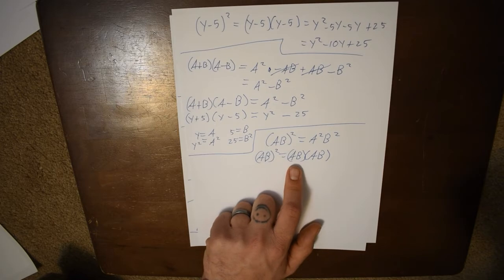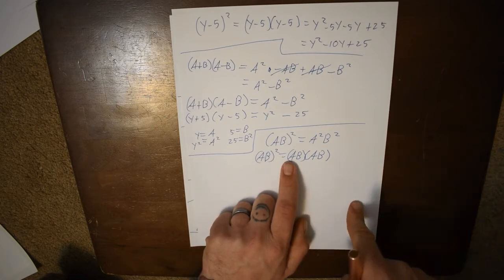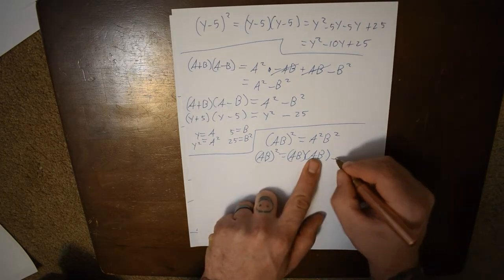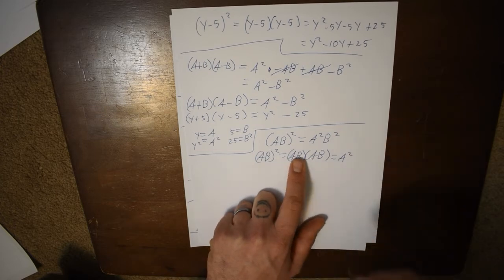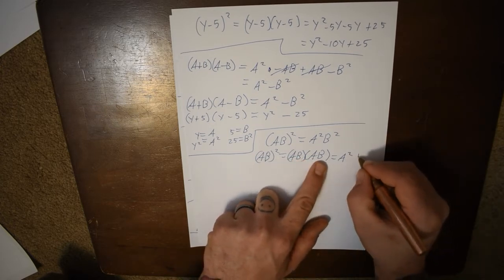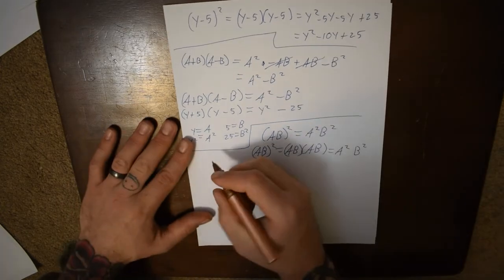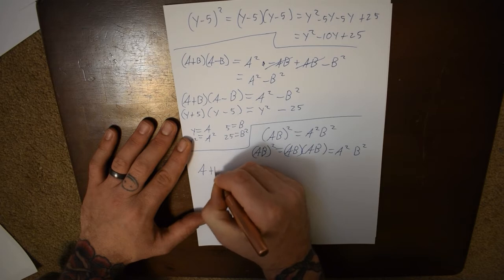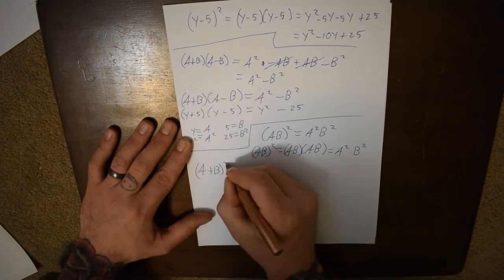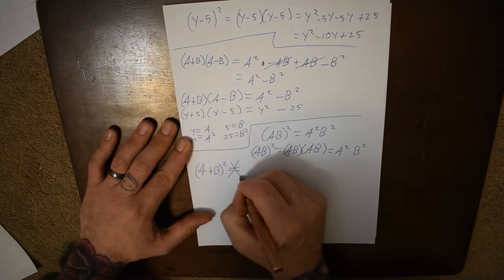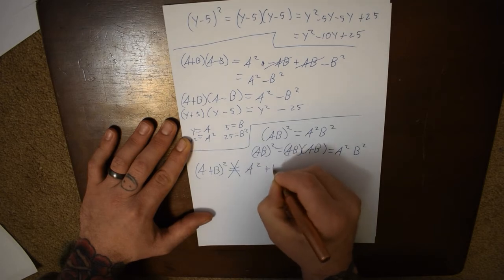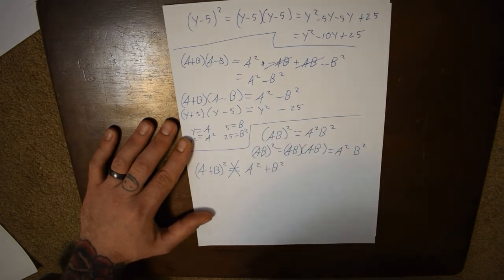You can multiply in any order you want to, so I'm going to first multiply a times a to give us an a squared, then I'm going to multiply b times b to give us a b squared. That checks out. But (a plus b) squared is not a squared plus b squared.